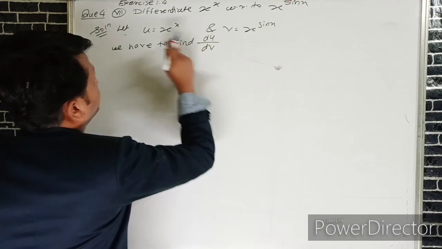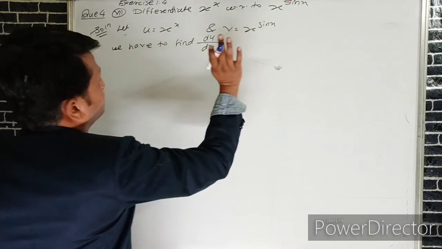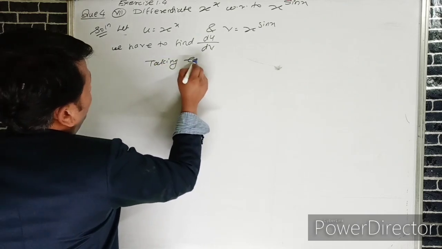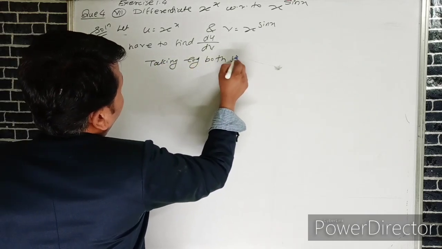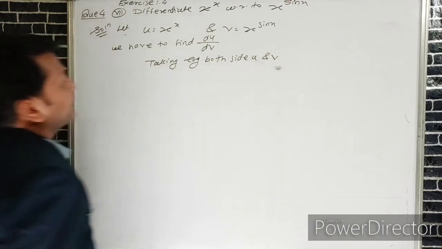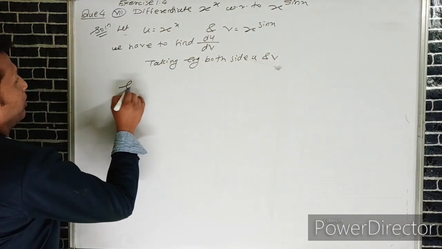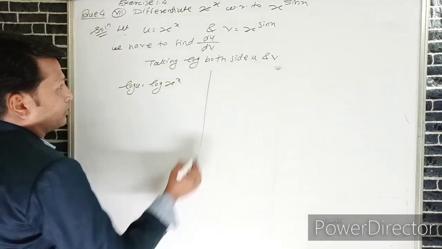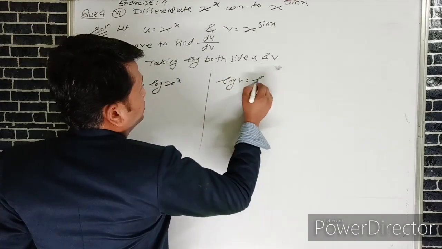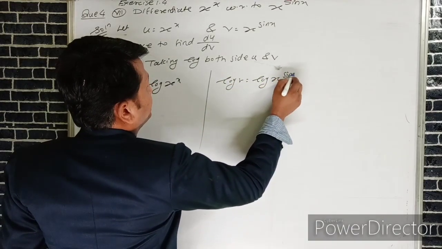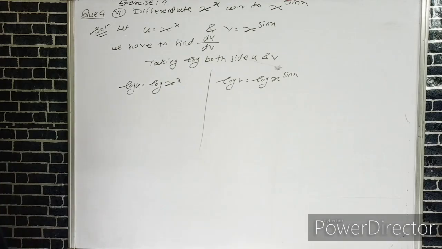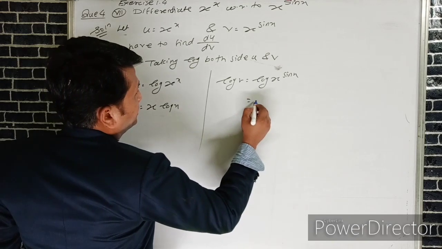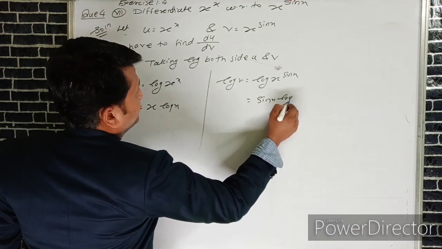Now u is equal to x raised to the power x, v is equal to x raised to the power sin x. If we take log on both sides of u and v, we can write log of u is equal to log of x raised to the power x, log of v is equal to log of x raised to the power sin x. By using the rules of logarithm, we can write x log x, and sin x log x.